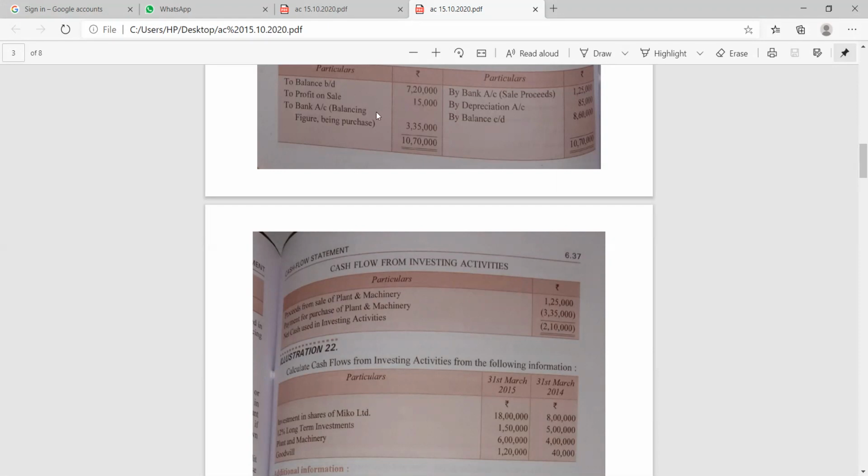Please don't forget, yesterday we did the cash from operating activities. While doing the calculation of operating activities, the profit or loss on sale of any fixed assets as well as the depreciation is to be considered.